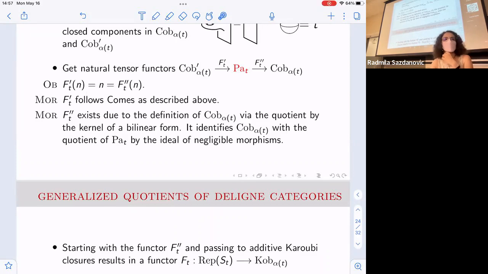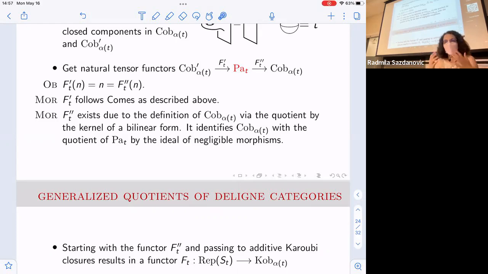Okay. So negligible morphisms are in general, the way that these things tie together is that if you have a pairing that's trivial, that's not good, right? You want to have a big kernel. So quotienting out by the negligible morphisms corresponds to quotienting out by the kernel of the form.